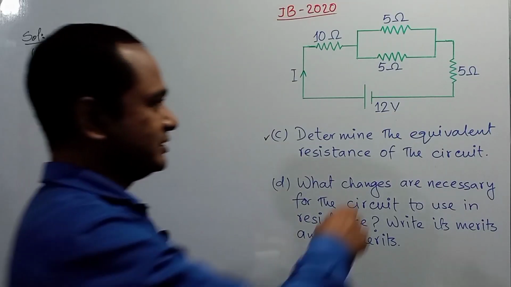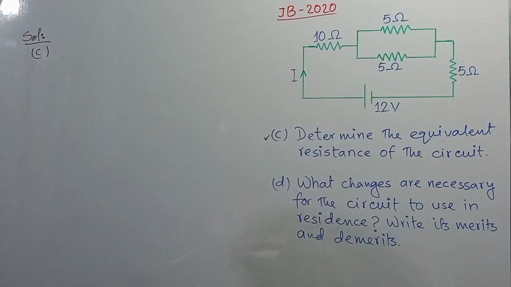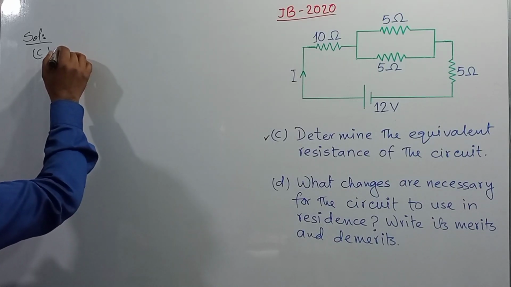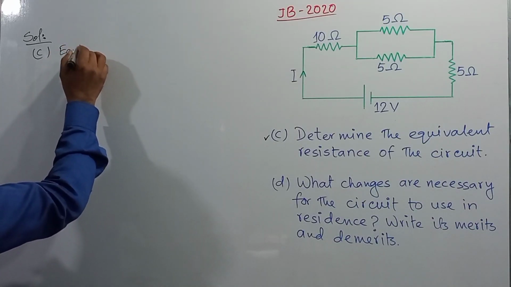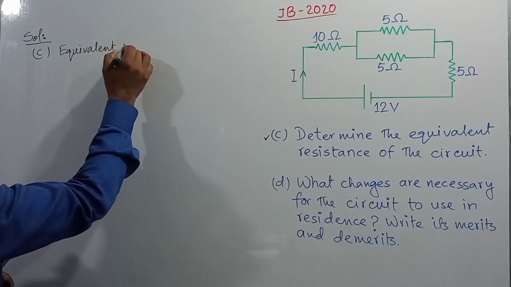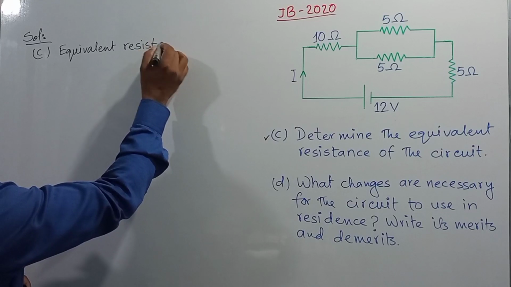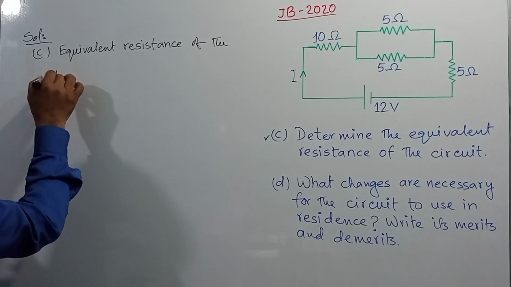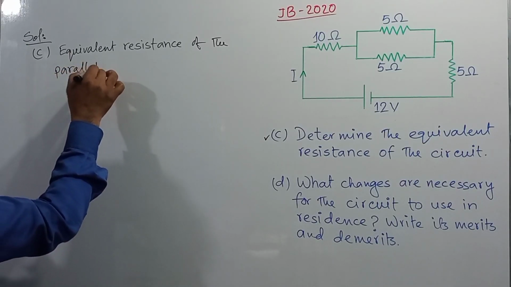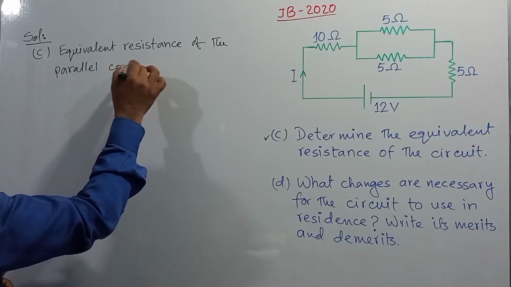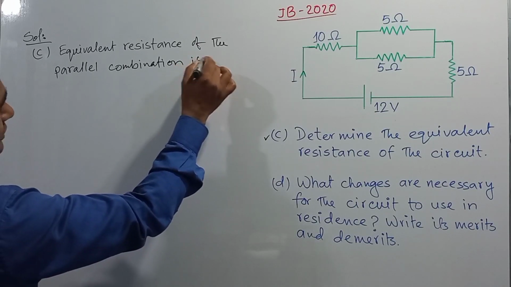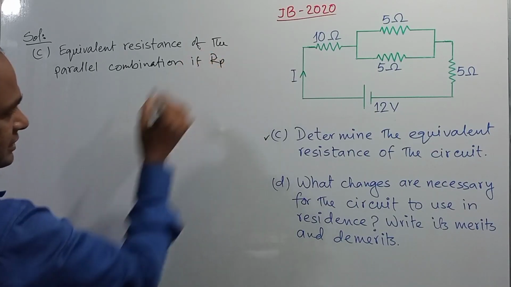First we need to determine the equivalent resistance of this 5 ohm and this 5 ohm. So we can write: equivalent resistance of the parallel combination, if Rp, right?